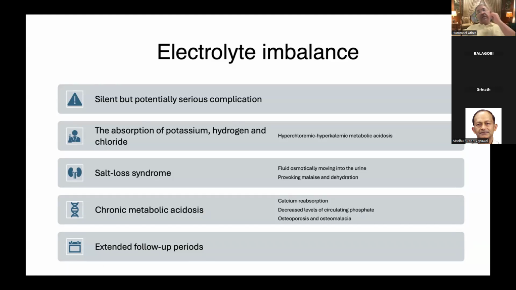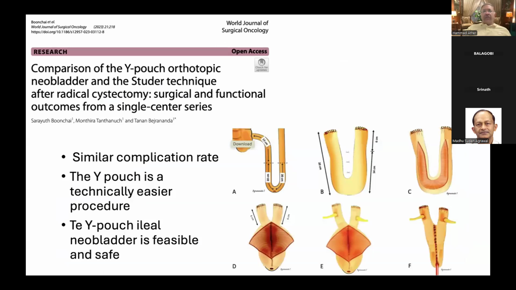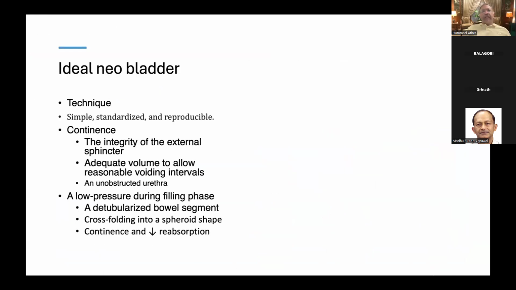Metabolic acidosis with malaise and poor health is again something that you need to be careful about. So ileal new bladder is probably the gold standard from a quality perspective. The technique is simple, standardized, and reproducible.